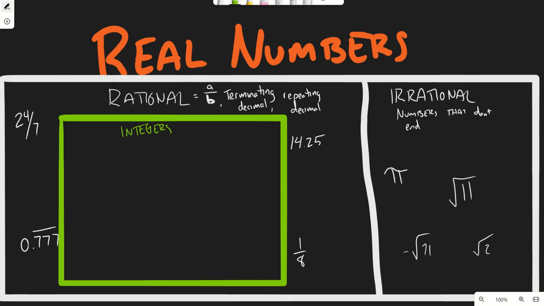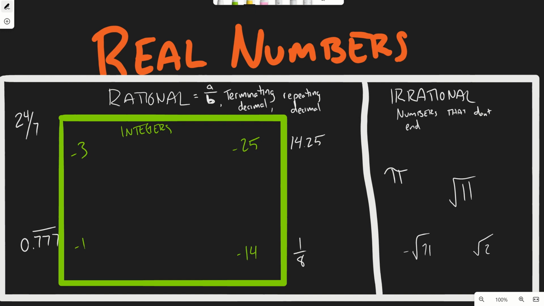So if it's an integer, it's also rational. Integers are going to be the negative numbers, right? We saw this with -3, -1, -14, -25. When we talk about negatives, those are integers.